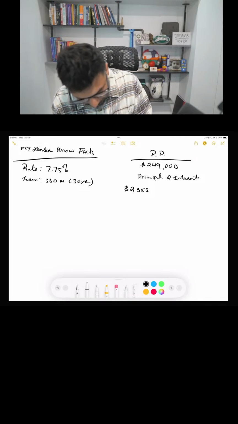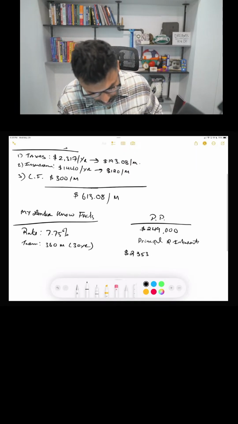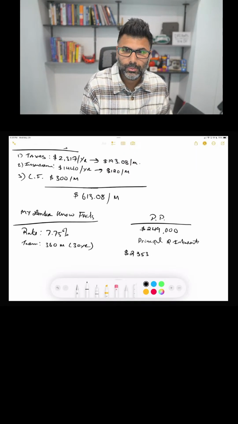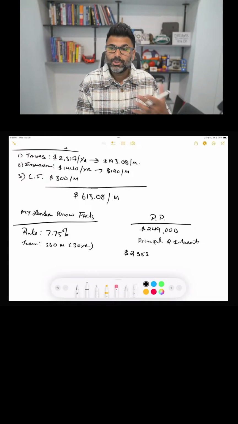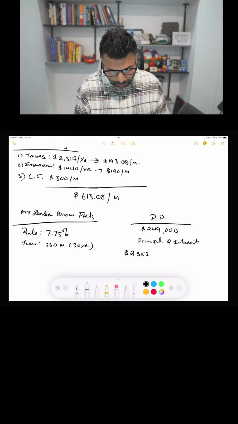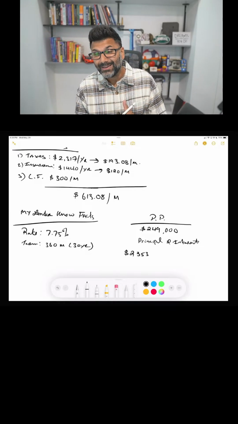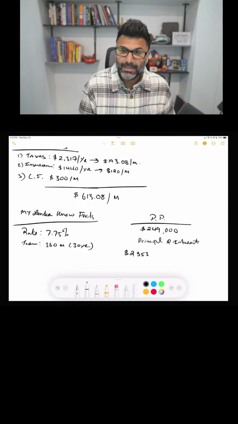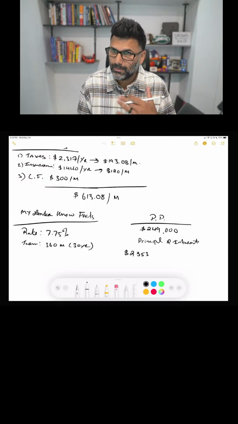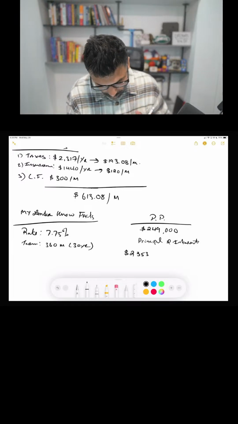And our known, which is our non-negotiable, right? We can't change the taxes. We can't change the insurance. Yes, you can shop it and get better rates. That's all well and good. Taxes, yes, you can technically fight those, hire an attorney and fight for the taxes, but that is your choice. I'm not going down that pathway. I'm just going to take it for what it is, okay?